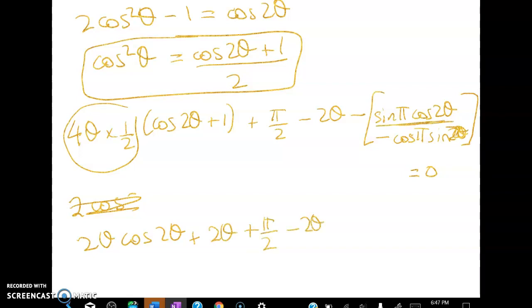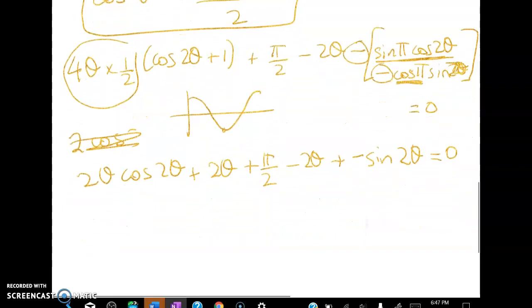Now sine pi is 0, so we have plus, let's just sketch our sine curve. So we've got plus negative sine 2 theta is equal to 0. Because this is a minus times a minus, which is a plus, but this is negative 1. And the 2 theta and the minus 2 theta disappear to 0.